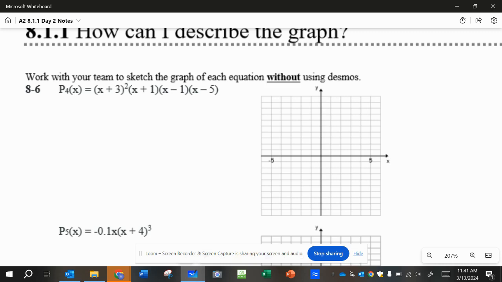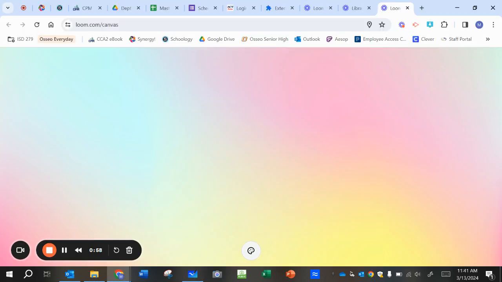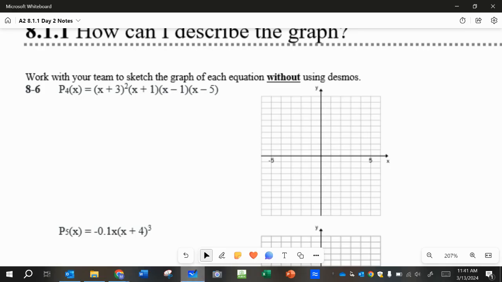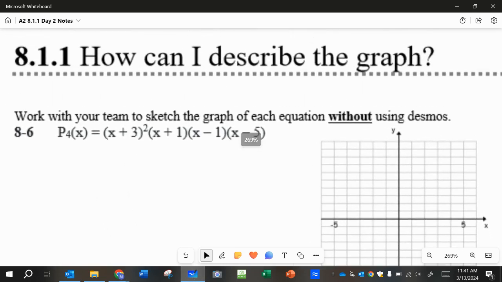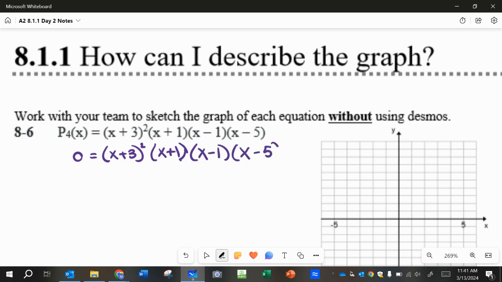So what I want you to do is figure out your x-intercepts. And remember, your x-intercepts are when this equals 0, so each one of those is going to equal 0.